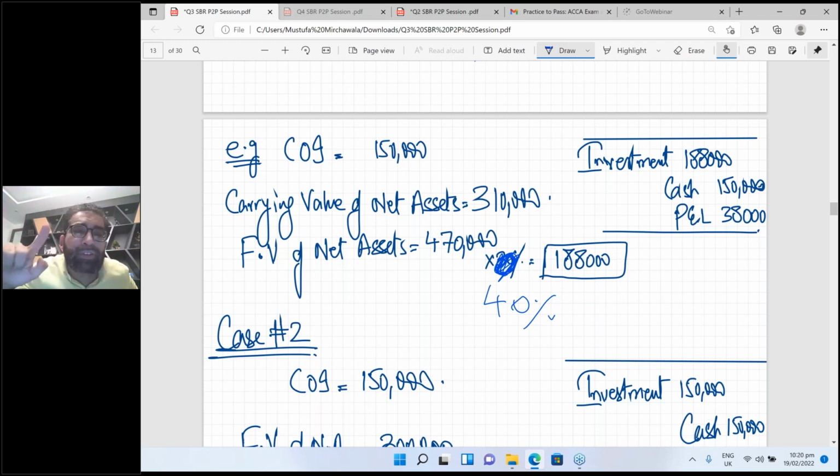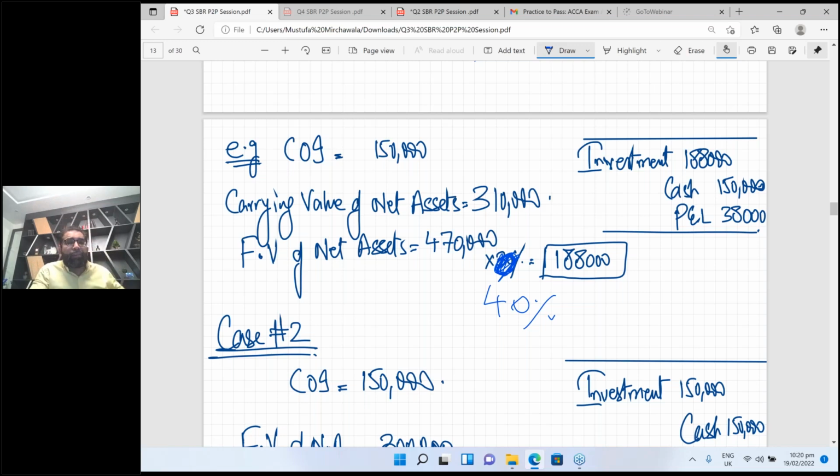That's why there was no need previously to calculate any goodwill or gain on bargain purchase. The way I taught you the subsidiary, the same thing is done here as well.